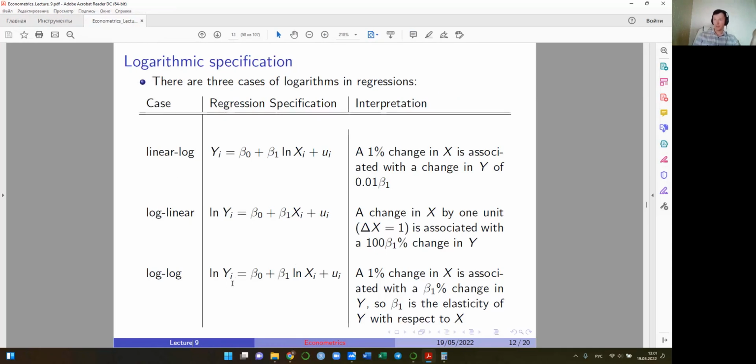So we have y in logarithms and x in logarithms, and in this case beta 1 means that if x changes by 1%, y changes by beta 1%. No need to multiply or divide by 100, it's simply beta 1%. And this is called the elasticity of y with respect to x.